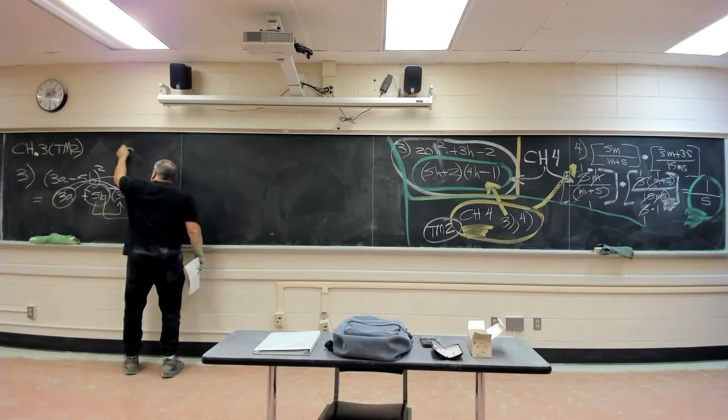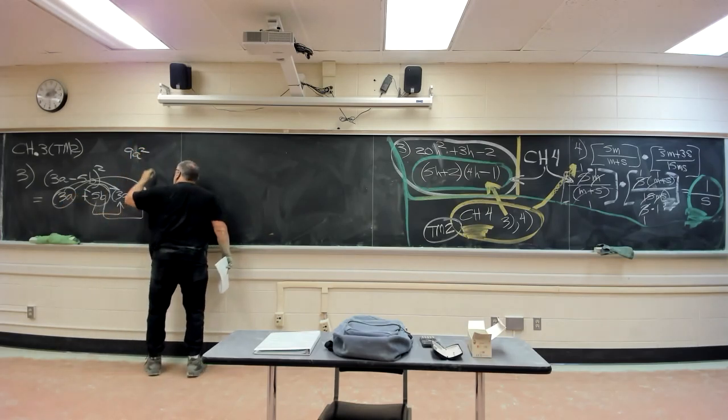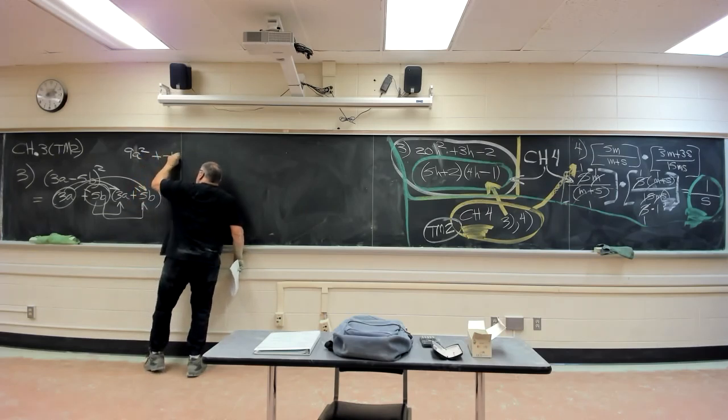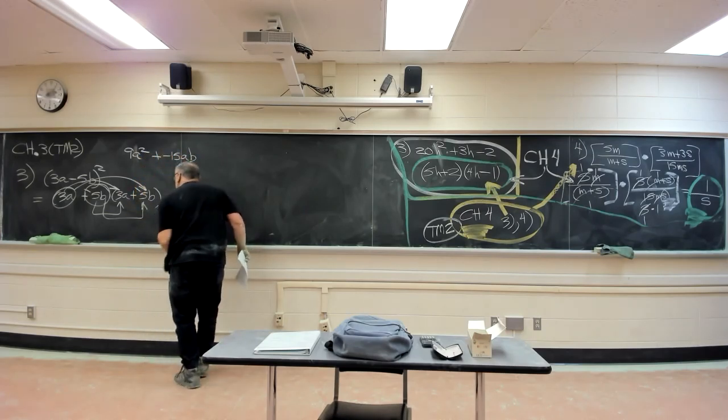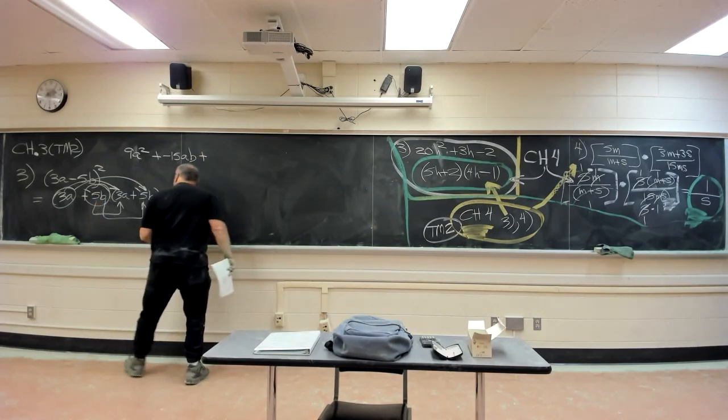3a times 3a, 9a squared. 3a times negative 5b: 3 times negative 5 is negative 15, and the a and the b multiplied together give you this. Negative 5b times 3a. Now notice what we just did.